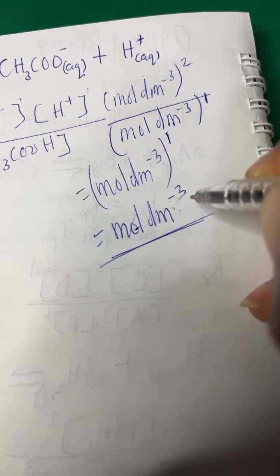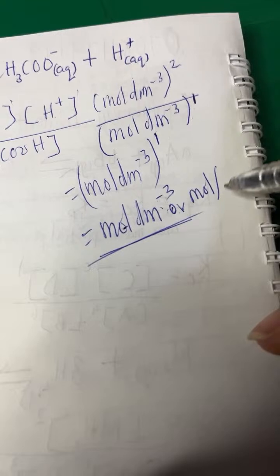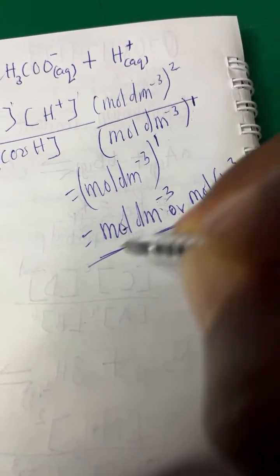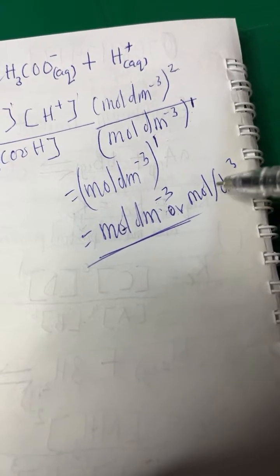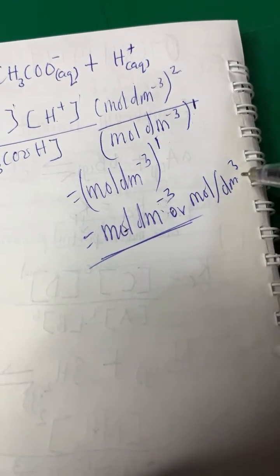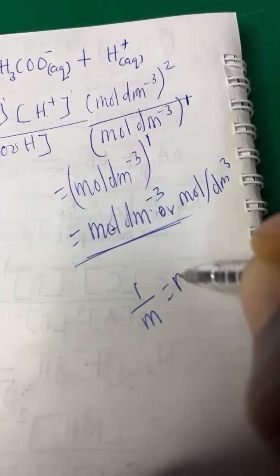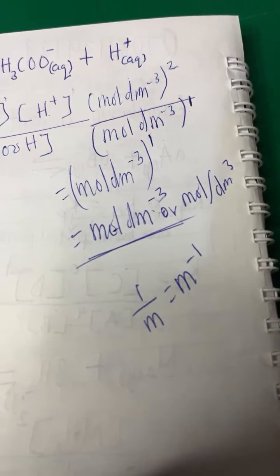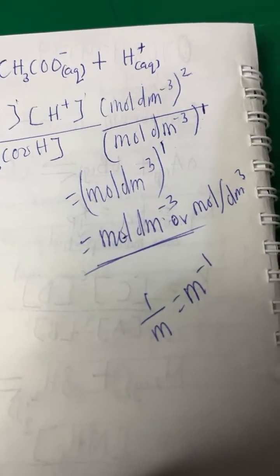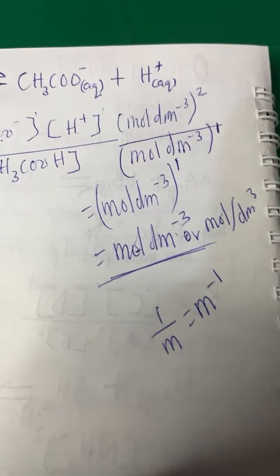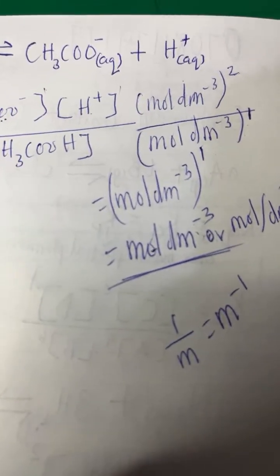You can decide to write mole per dm cube like this, or people have forgotten your indices. This slash or over sign is just what I represent with my minus. It's just the law of indices: 1 over m is the same thing as m raised to power minus 1. People should go and do your mathematics well before you come here, because science students are supposed to be good at maths.